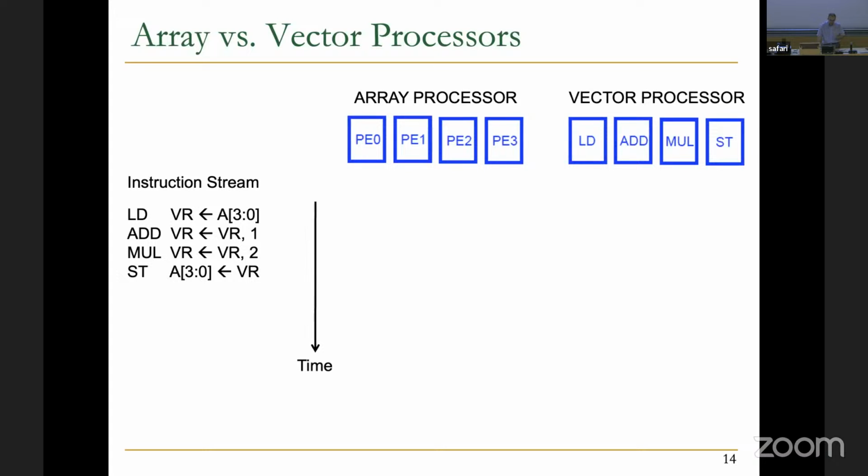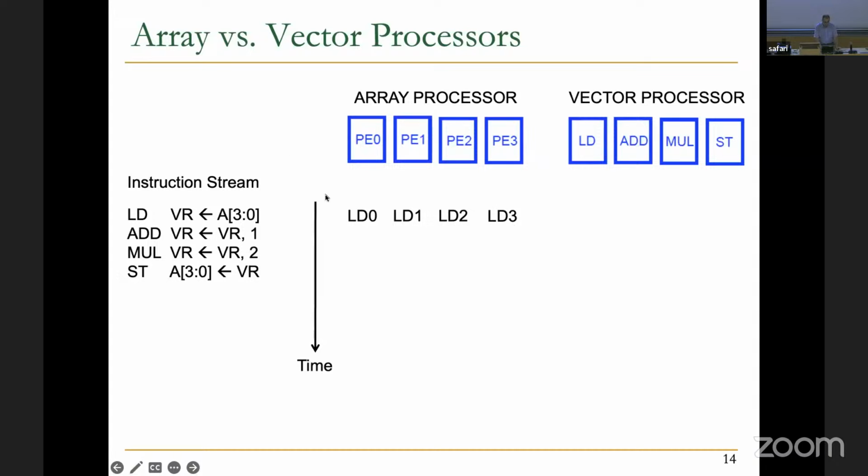So now we have 2 kinds of SIMD processor here, the array processor and the vector processor. In the array processor, we consider that we have 4 processing elements, and each of these processing elements is able to do everything, right?